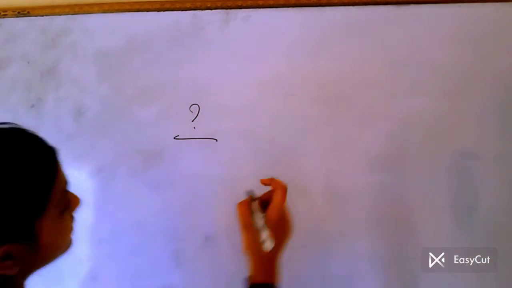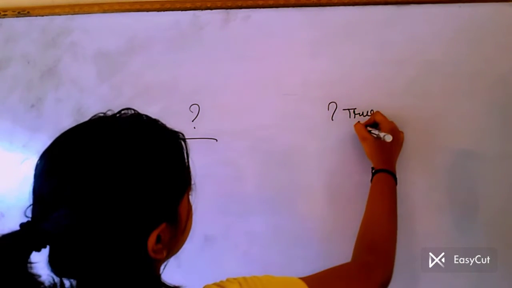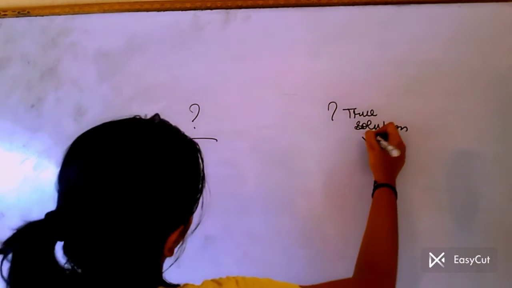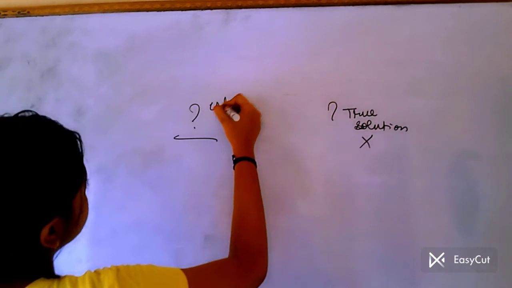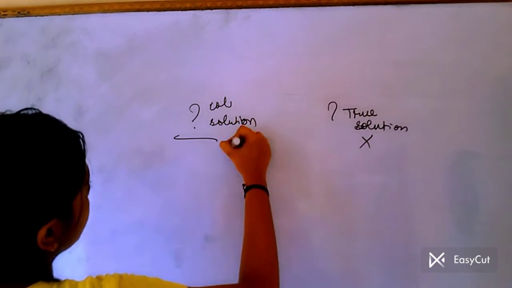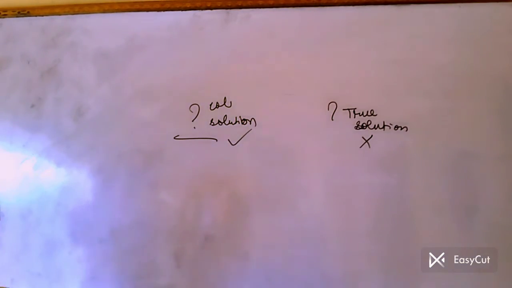It is asking, why does the colloidal solution show Tyndall effect and why does true solution not? Why is true solution an exception?